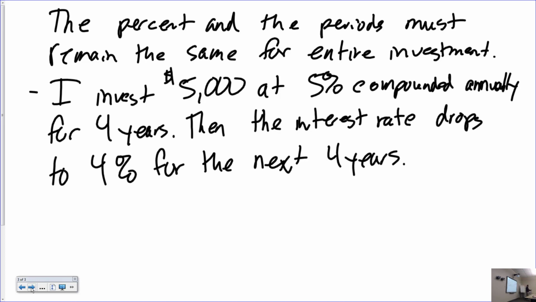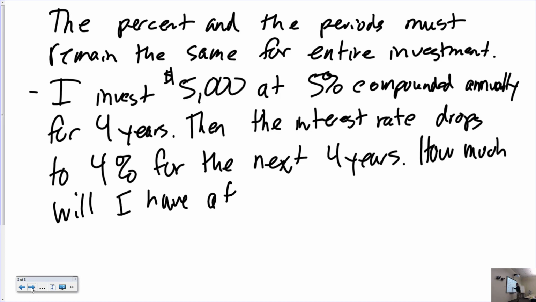So it goes 4 years at 5%, and then for whatever reason the bank says, hey, interest rates are falling, we have to drop your investment to 4% for the next 4 years. How much will I have after these 8 years?